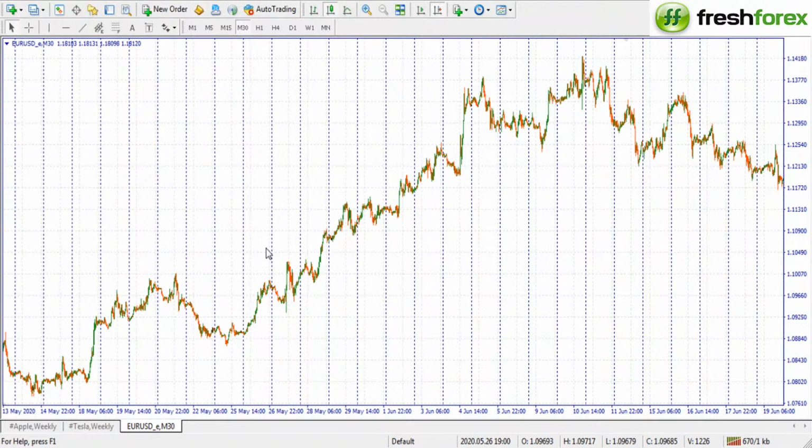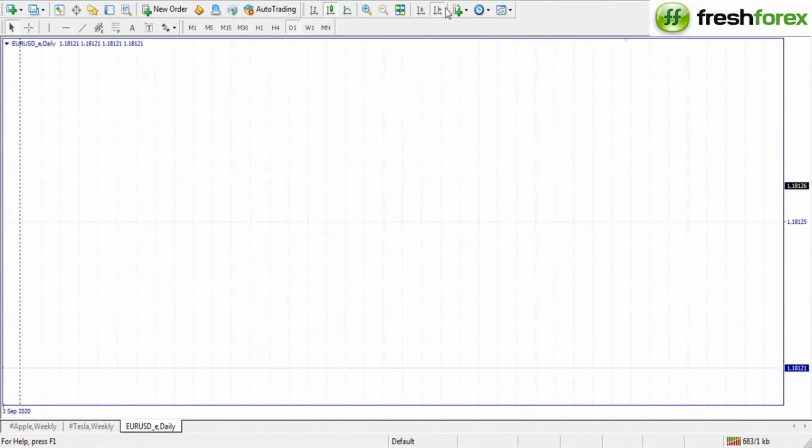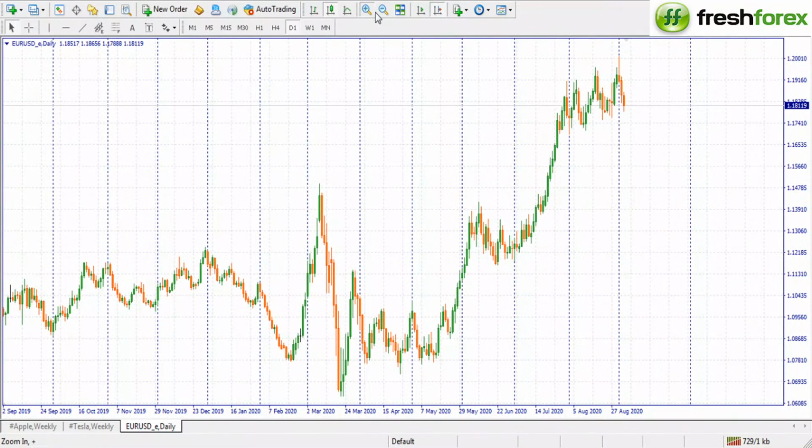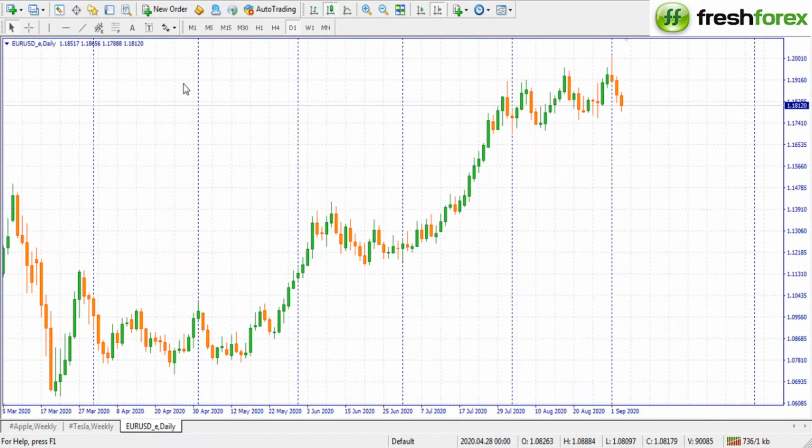This is Euro USD. If you check the daily chart, we do have a shape which is currently forming. Just look at this. I have a trend line from the top, and then also a trend line from the bottom.